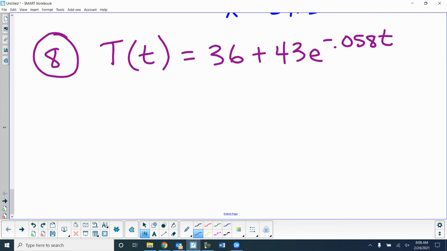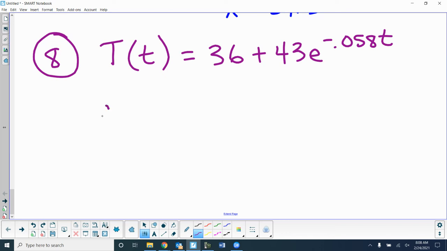It was 79 degrees, it's placed in the fridge, that's 36 degrees. The temperature, capital T, after T minutes is given by that formula. Find the temperature to the nearest degree of the soda 5 minutes after it's placed in the fridge.